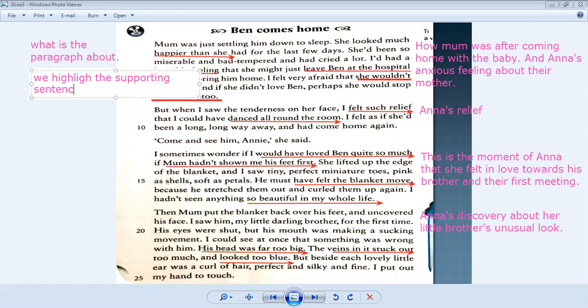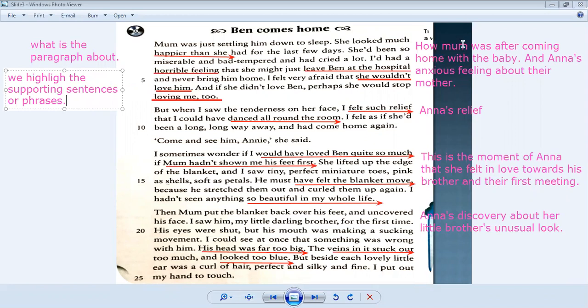Do you remember the writing lesson on supporting sentences or phrases? If you make your point about what the paragraph is about, and your supporting sentences or phrases support it, they should match. So once you have supporting details for your paragraph summary, that means you understood the text correctly. Okay, now let's move on to the next page.